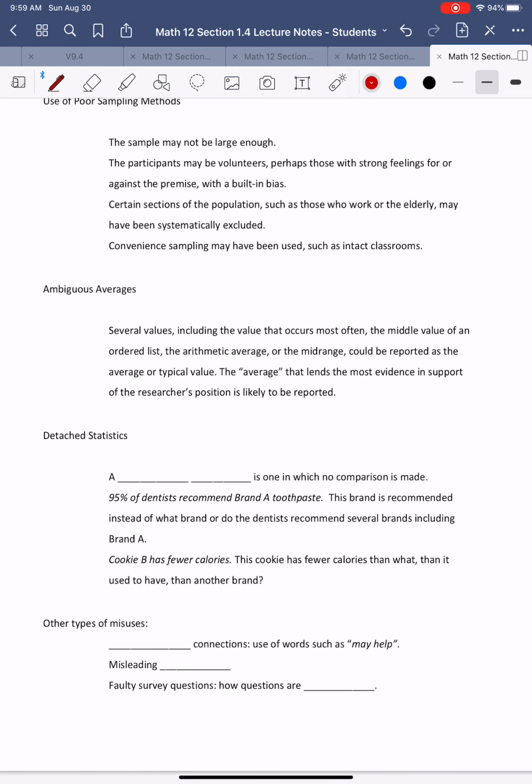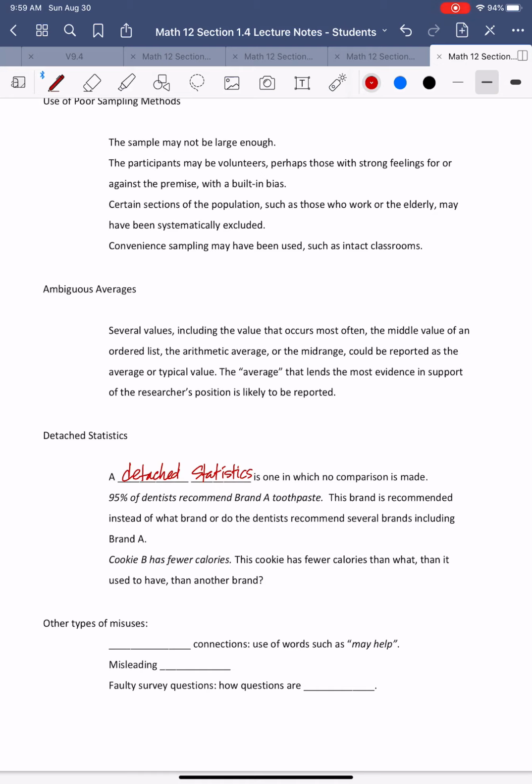Detached statistic. So since we have a title, right? A detached statistic is one in which no comparison is made. So 95% of dentists recommend brand A toothpaste.